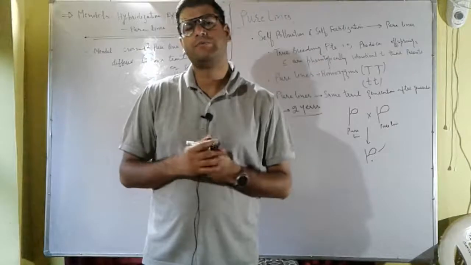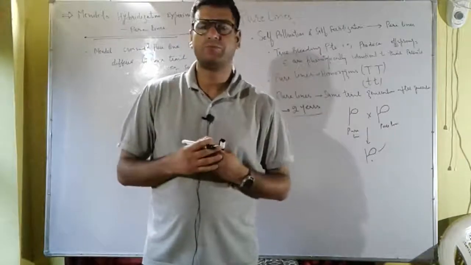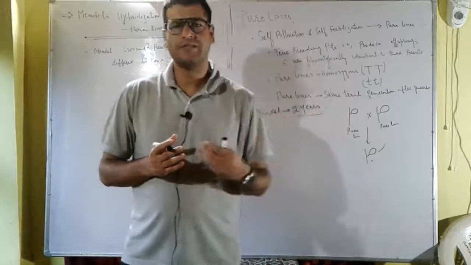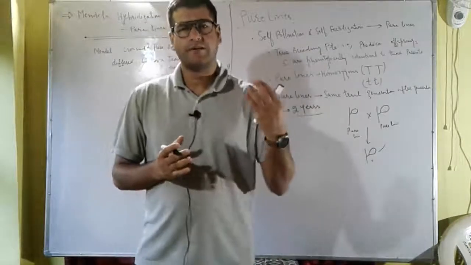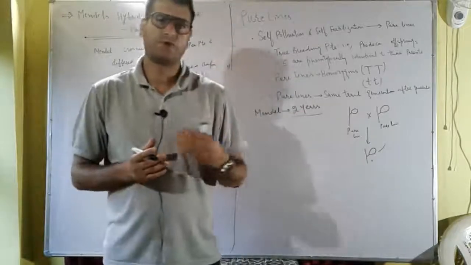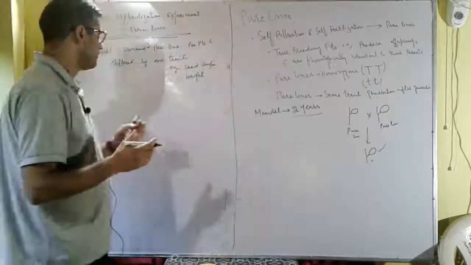He crossed two pea plants, but these two pea plants are pure lines and they differed in one trait. For example, seed shape, seed color, pod shape, pod color, height, flower position, or flower color.